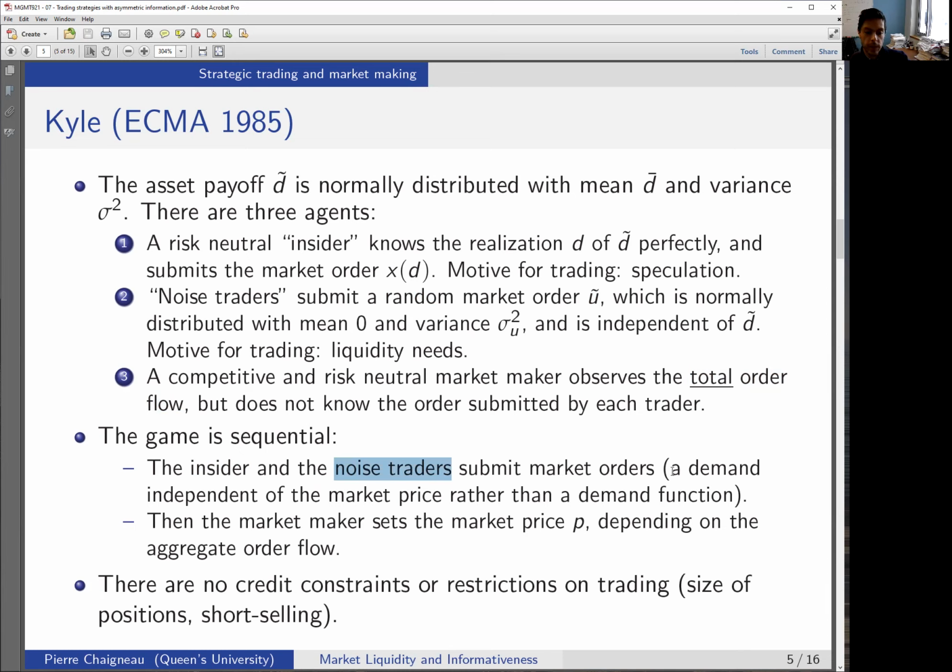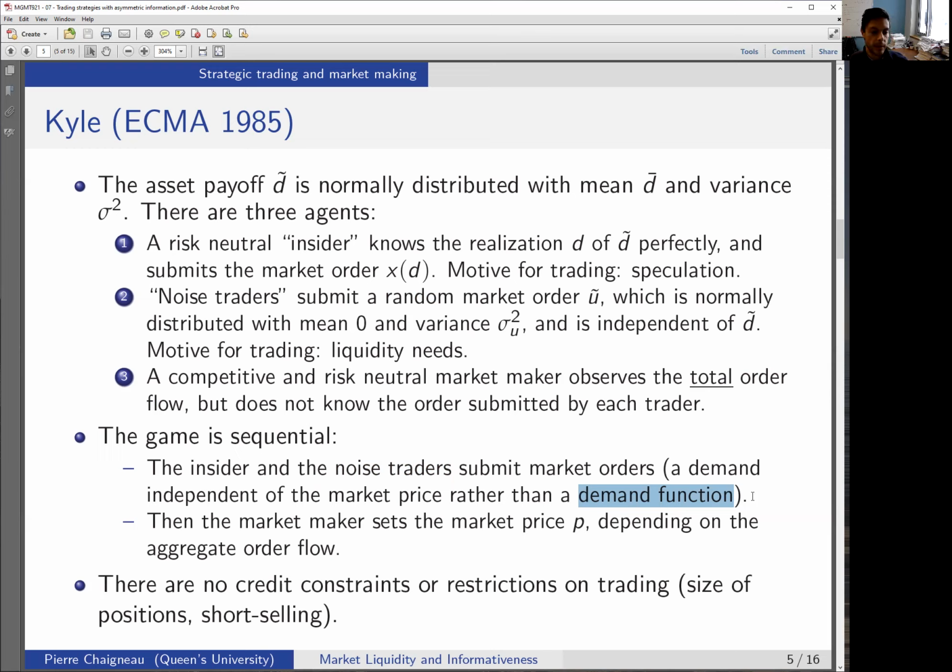Here, this is a bit different from what we had in the Grossman-Stiglitz model. In the Grossman-Stiglitz model, they submitted a demand function. Remember X as a function of P. So their demand was a function of the price, and we said this can be viewed as a set of limit orders.